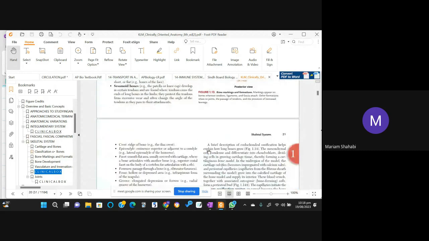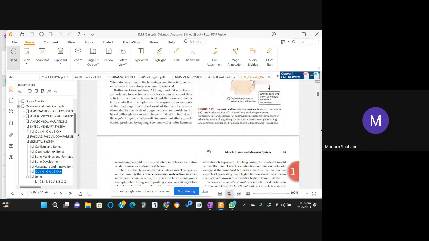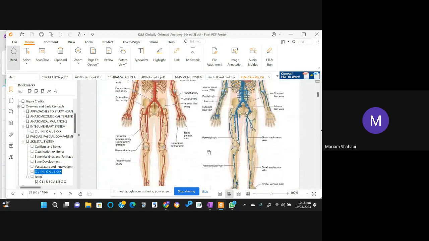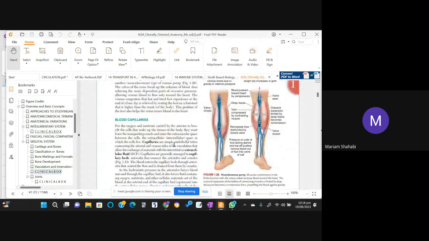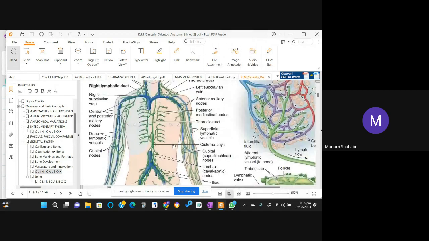Just give me like 2 minutes. Let me find a diagram. I'm sure there is one somewhere. It should be here. Let's see. Here it is, found the diagram.